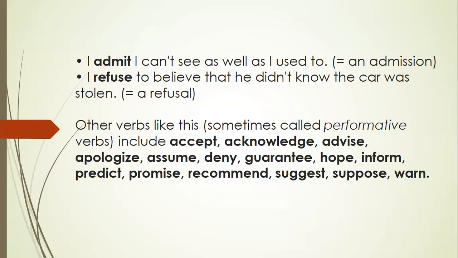Admit is a performative verb. It is an admission, so while you're admitting, you are performing something. I refuse to believe that he didn't know the car was stolen. When we say I refuse, we are expressing a refusal.